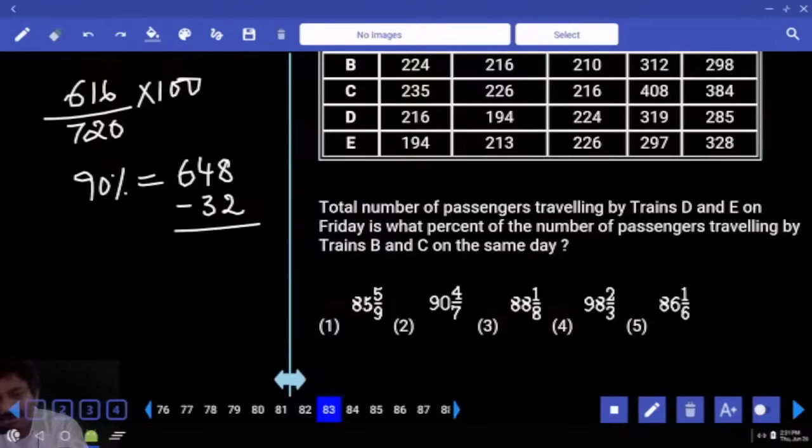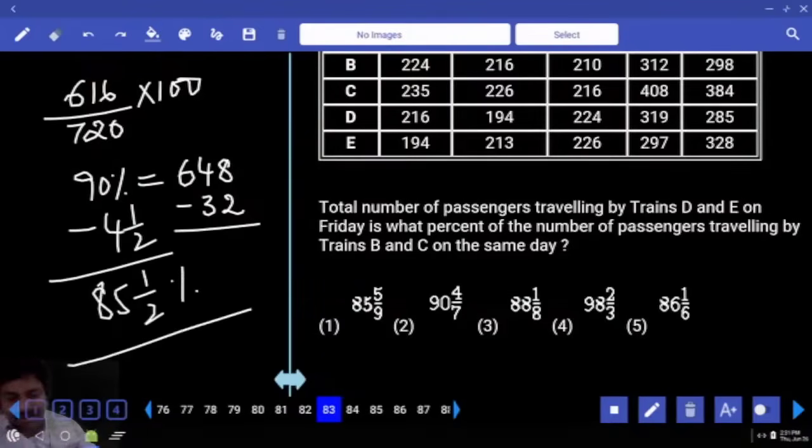What is 10% of this number? Approximately 64. Okay. Half of that number is what we need to subtract, right? If 4.5 is subtracted, answer should be close to 85.5%. Go to options. First option.